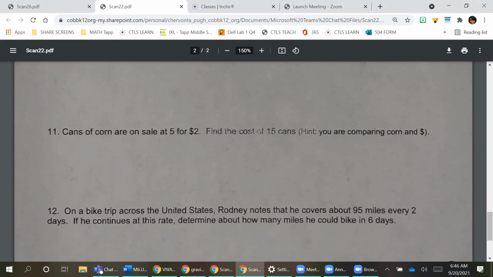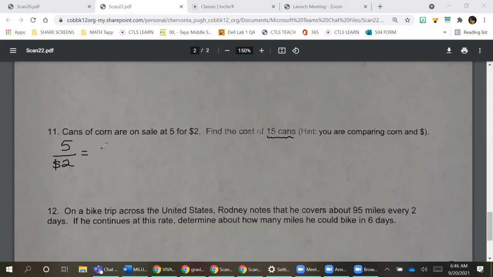Hint, you are comparing corn and the money it costs. All right, so let's check this out. If I'm comparing corn to the money, my corn is 5 cans to the money is $2. And it wants me to find the cost of 15 cans.